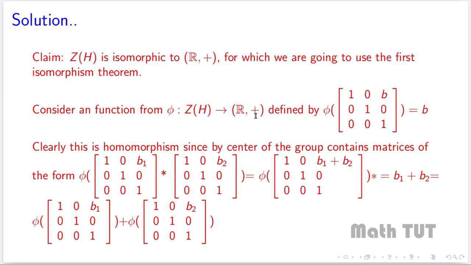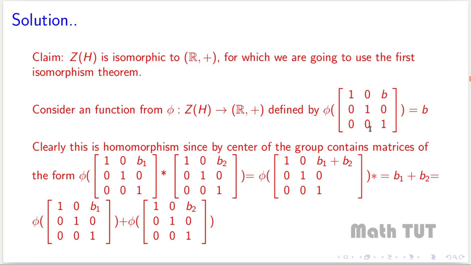If you want an element to be mapped onto 0, then your domain element should also contain 0. There is no other element which will be mapped onto 0 under this homomorphism.